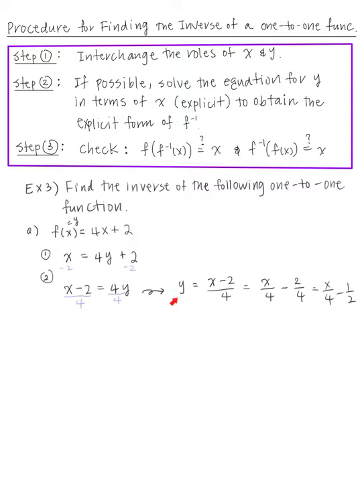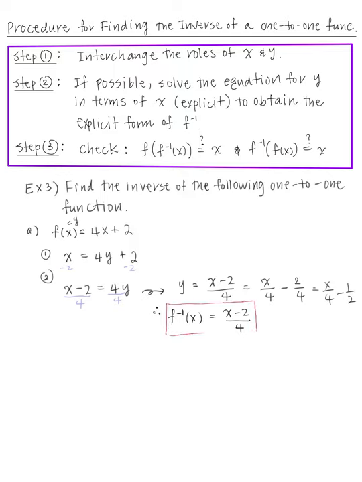Now, after you were able to solve for y explicitly, meaning, notice that on the right hand side, there are no more y's, right? So we're good to go. So call that final y as f inverse of x. Therefore, our claim is that our f inverse of x is going to equal x minus 2 all over 4. All right, so let me just box that.